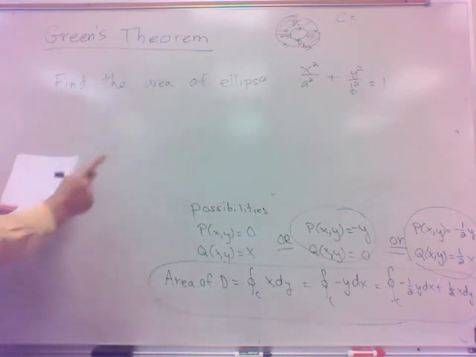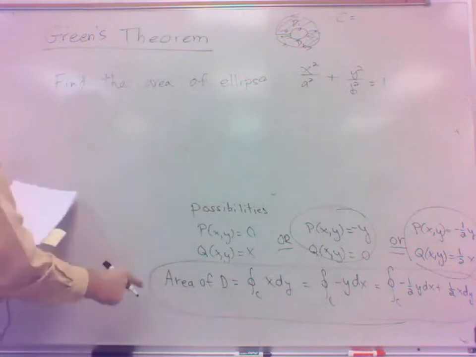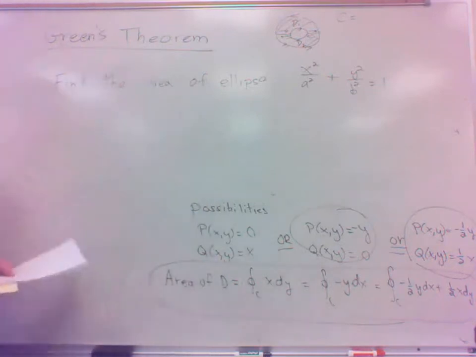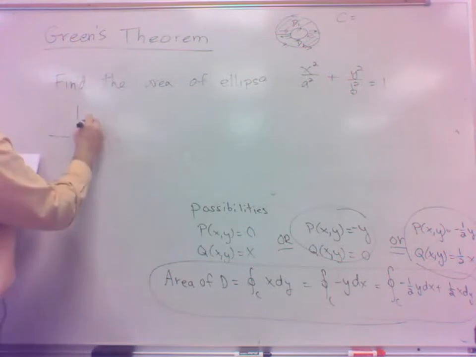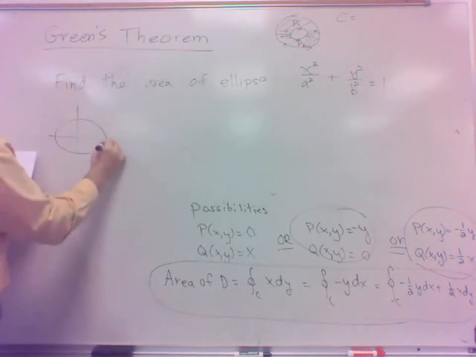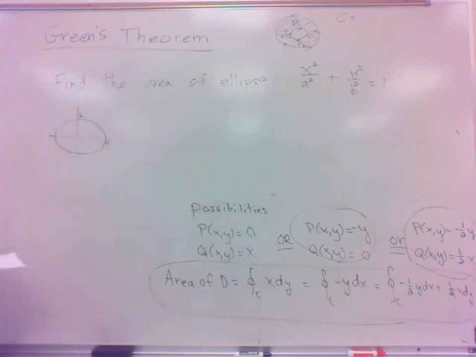Okay, because what we know is that an ellipse is a simple closed curve. A, B, right?